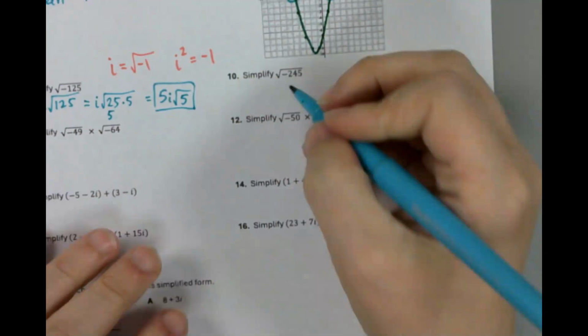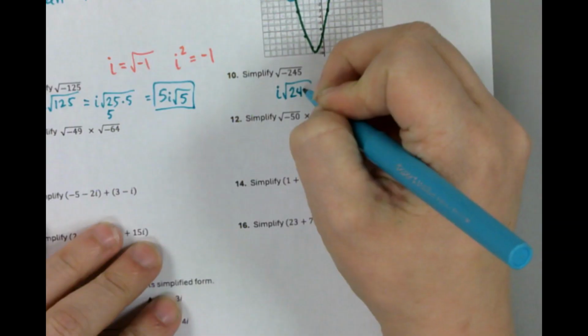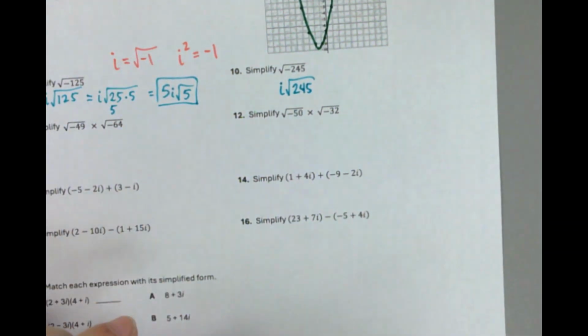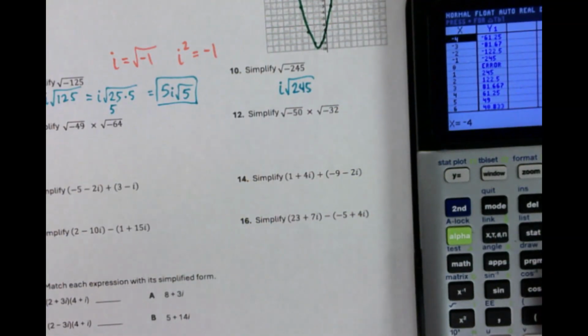Simplify the square root of -245. Immediately when I see negative, I'm going to change this to i root 245. And then we want to divide 245 by a bunch of numbers, and look at the table. I see a bunch of decimals.